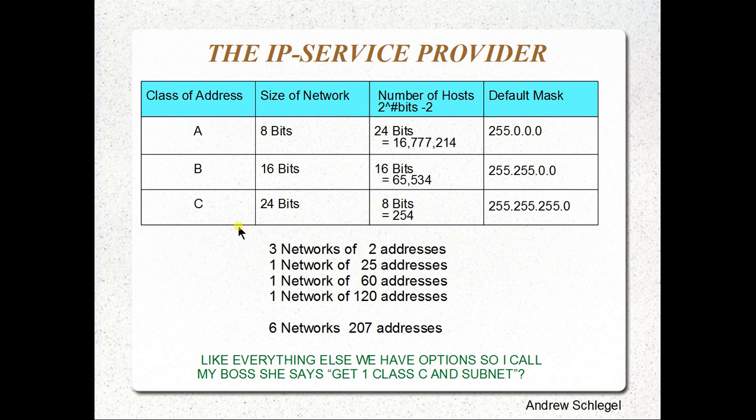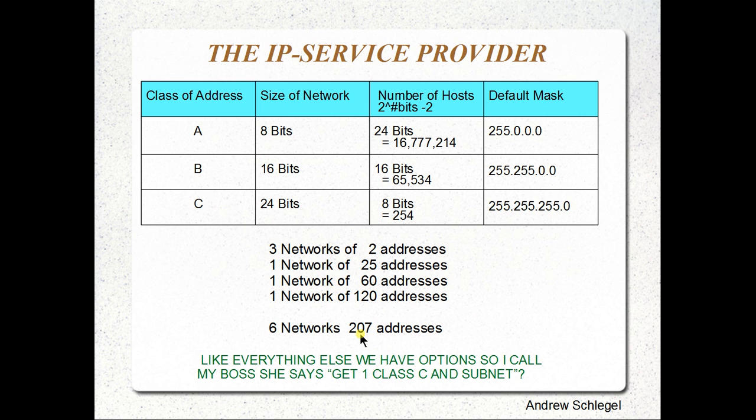Then the class C gives us 24 bits for the network and 8 bits for the hosts, and that provides 254 IP addresses for the host. So with 211 addresses needed, we have a number of options.